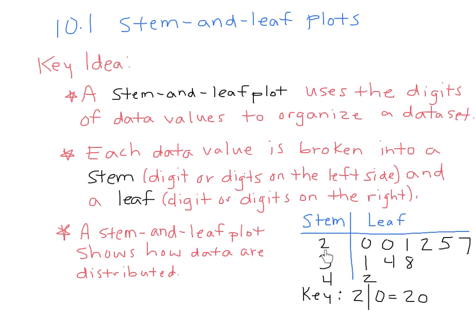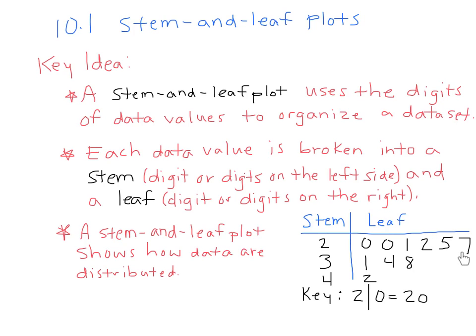So my 2 stands for 20, 3 for 30, and 4 for 40. The data here is 42, 31, 34, 38, and so on, 20, 20, 21, 22, 25, and 27.